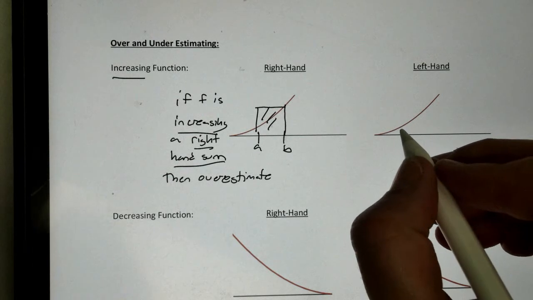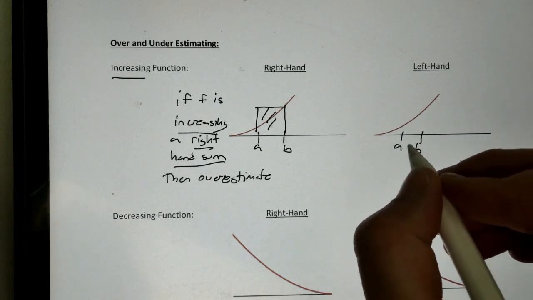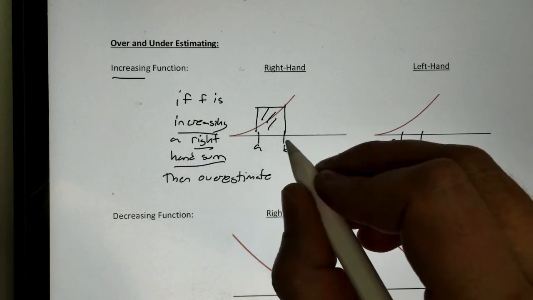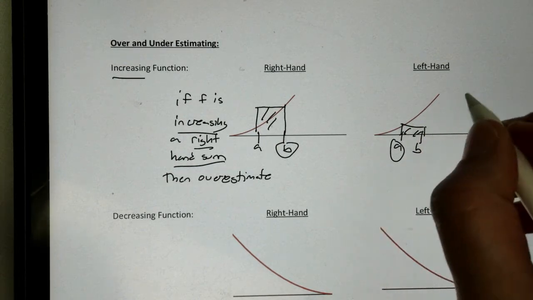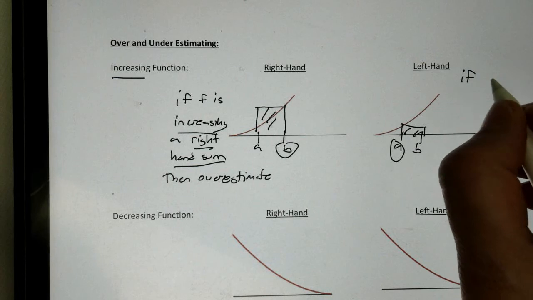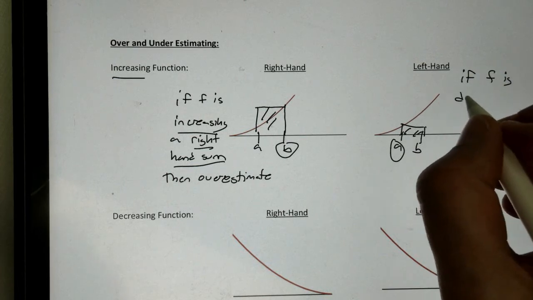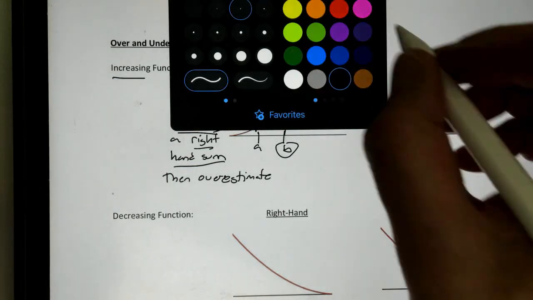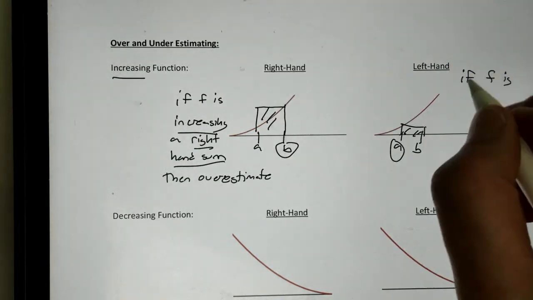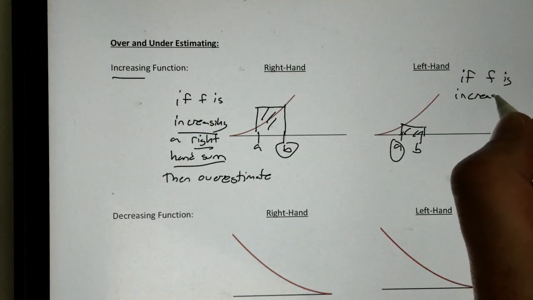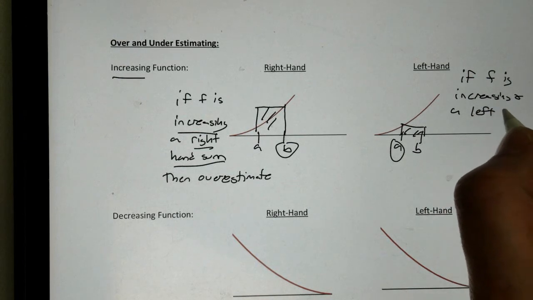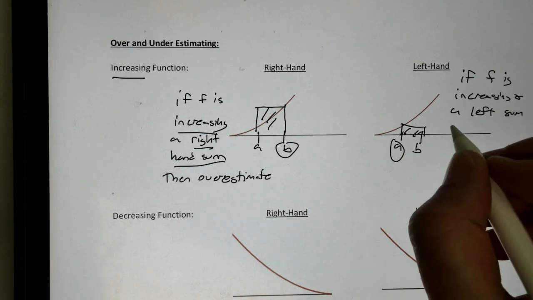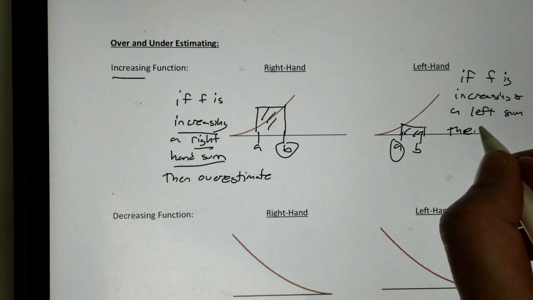Now, what if we did a left-hand sum? Well, this is my left side. There's my left. Remember, that was my right. Now, it's going to be an underestimate. Clearly, we don't go over. So we say if f is still increasing and we use a left sum, then it's going to be an underestimate.